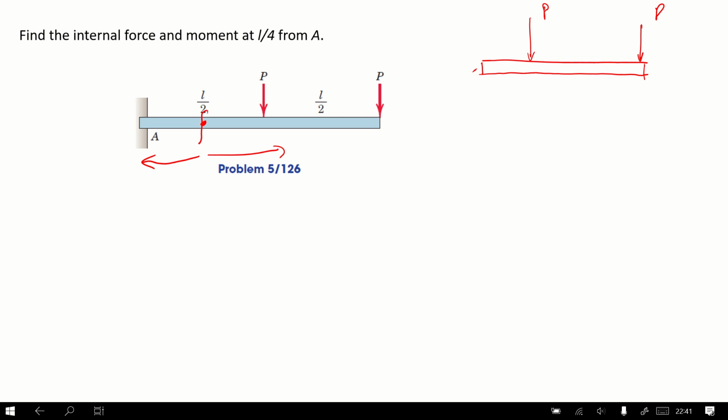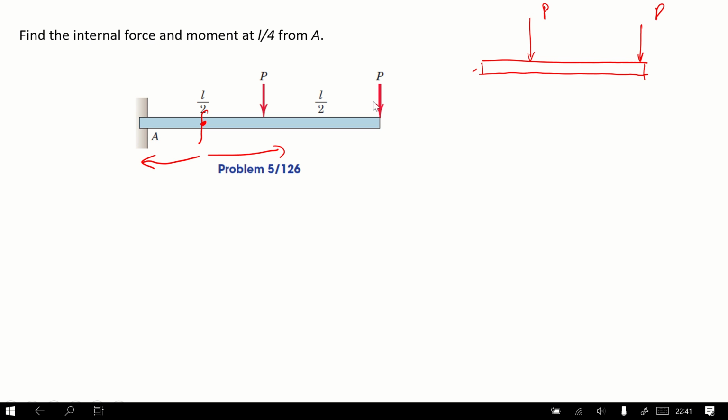Then I first assume that the internal shear force is going up here, V, and the internal moment is like that. Okay, and we have to find the value of the internal shear force and the internal moment.